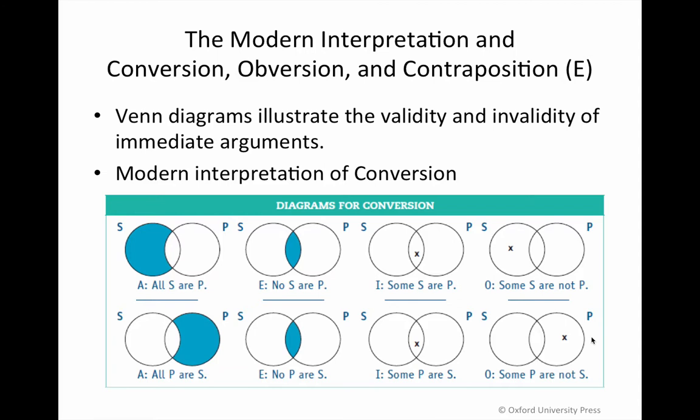Let's go back to the first one on the left. Notice that the top and the bottom Venn diagrams don't match. That's because when you switch the subject and predicate places of the universal affirmative claim, you get a different diagram. If we say all S are P, and then we say all P are S, we do not have identical diagrams.